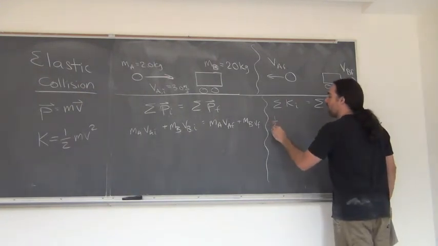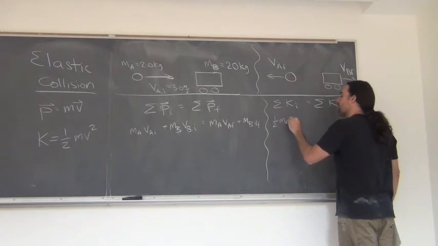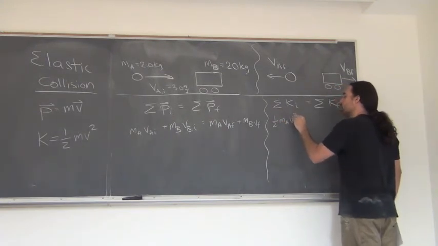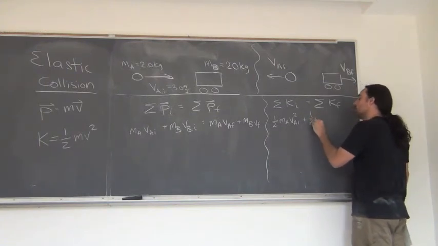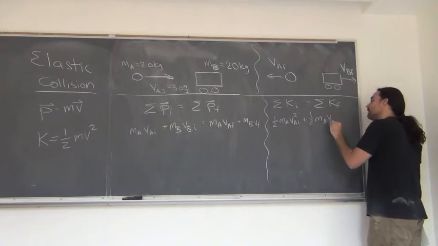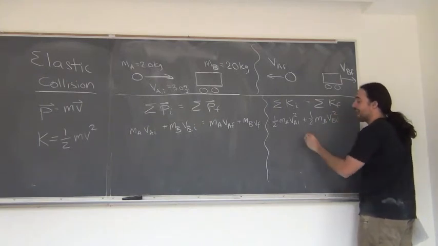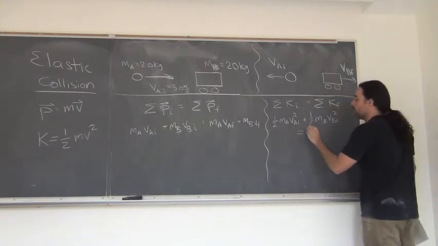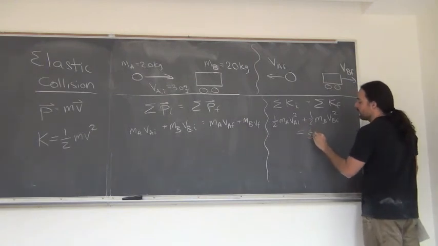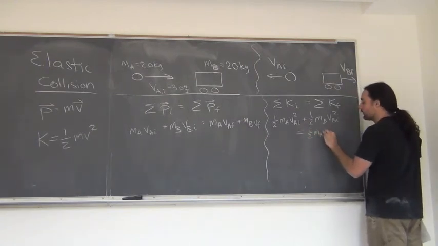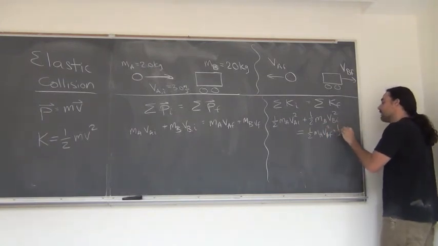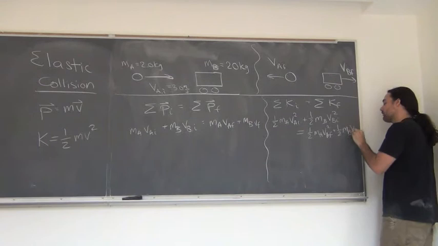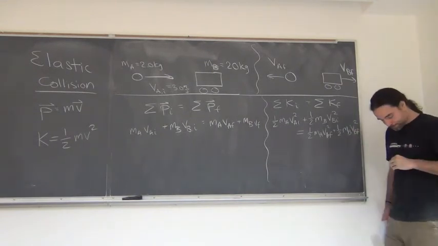That will mean that 1/2 mass A times its initial velocity squared plus 1/2 mass B times its initial velocity squared has to equal 1/2 mass A times its final velocity squared plus 1/2 mass B times its final velocity squared.